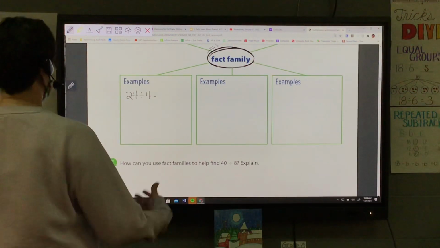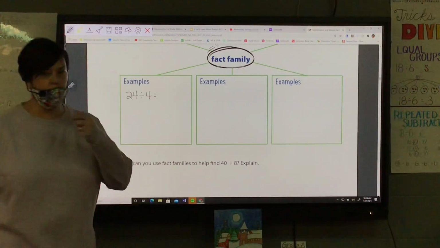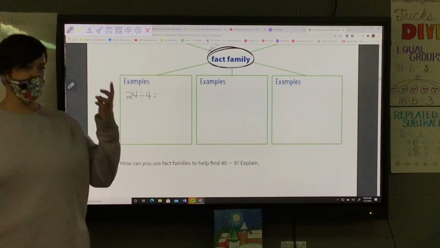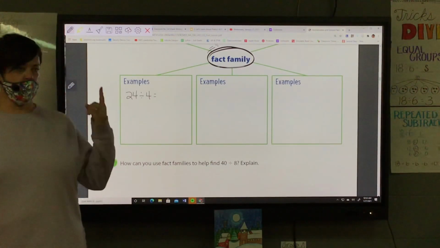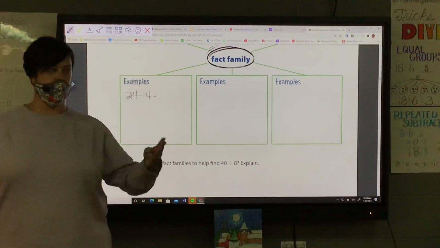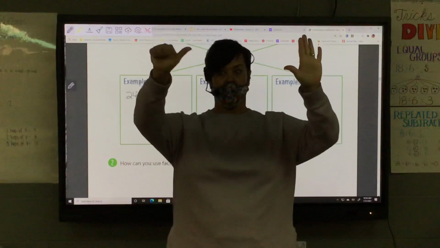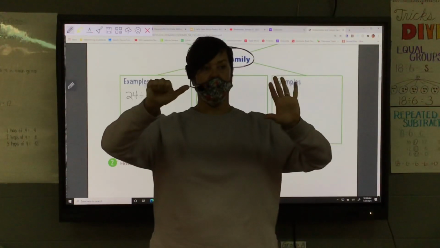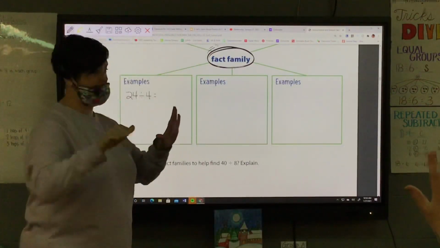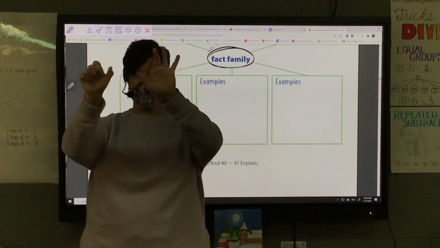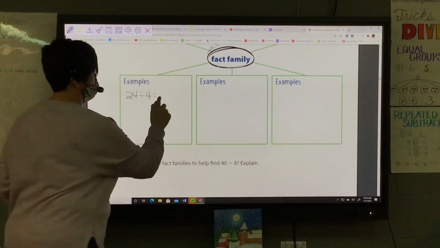Who knows what 24 divided by 4 is? If you know your multiples of 4: 4, 8, 12, 16, 20, 24. So 24 divided by 4 is? 6.